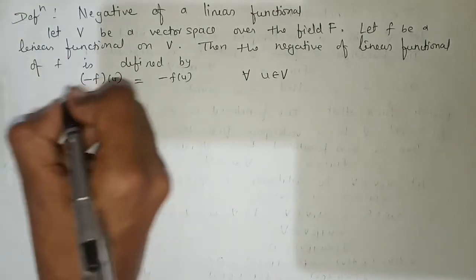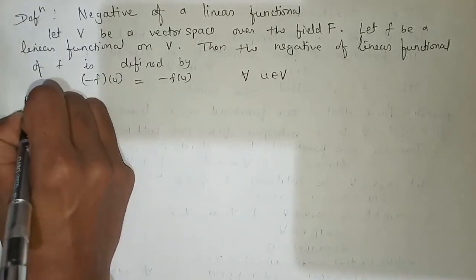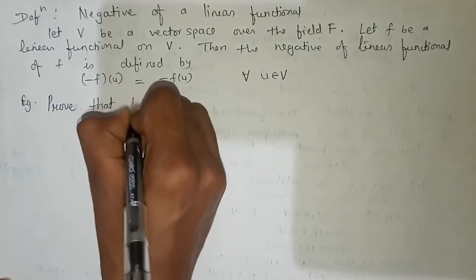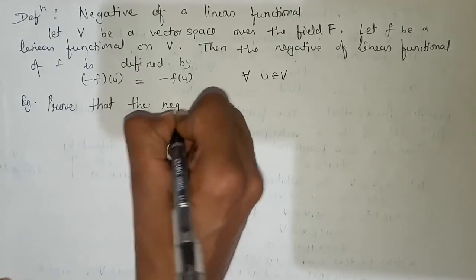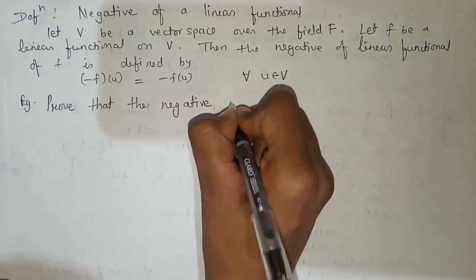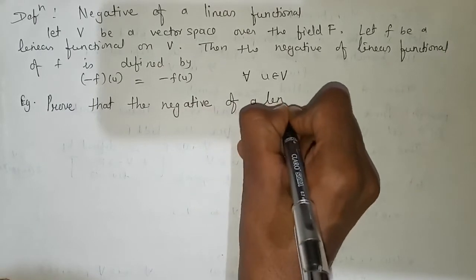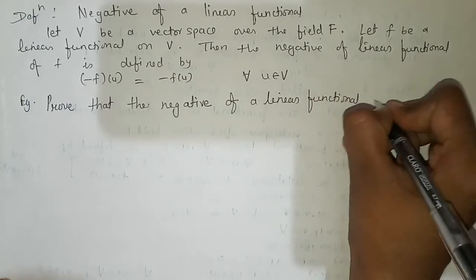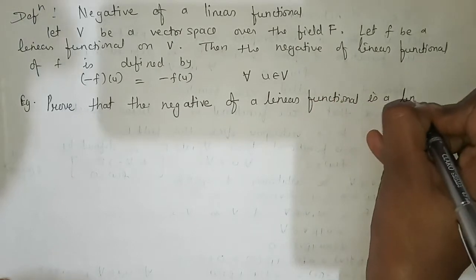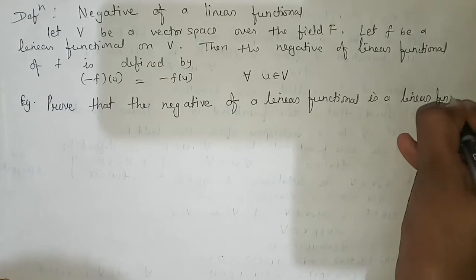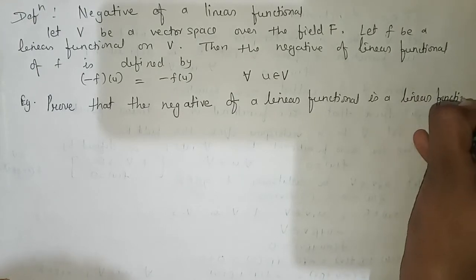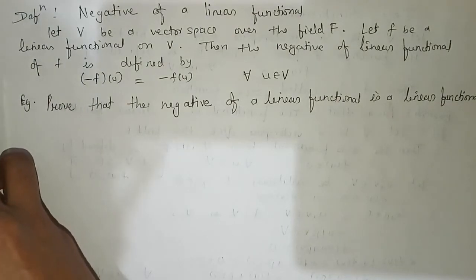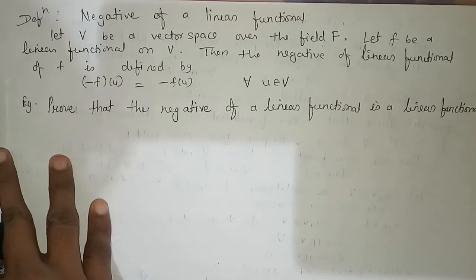Now we will prove that the negative of a linear functional is a linear functional. So here we have to prove that the negative of a linear functional is also a linear functional.